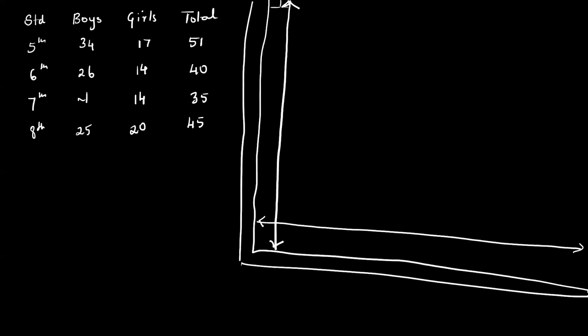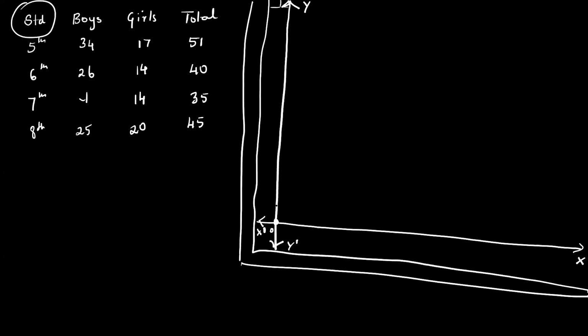Now, whatever is the first column will always come on the x-axis. Here, you can call this x, and this part x dash, and this is 0. Same way, this is y, and this is y dash. This point is 0. Now, the scale they have given is 1 centimeter is 10 students.